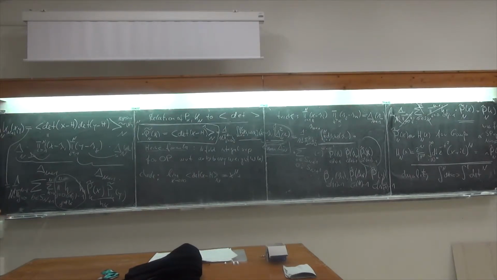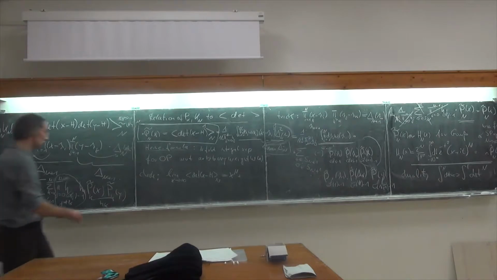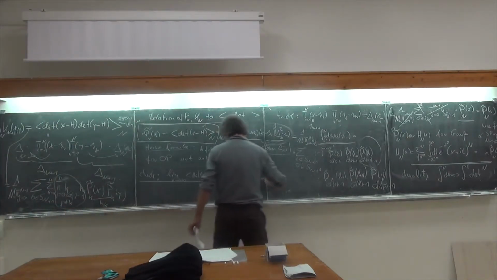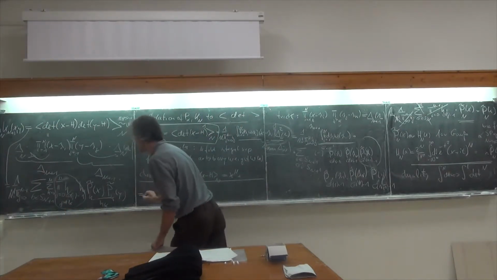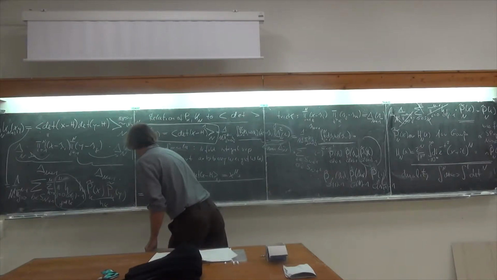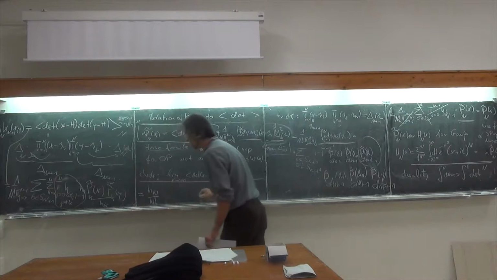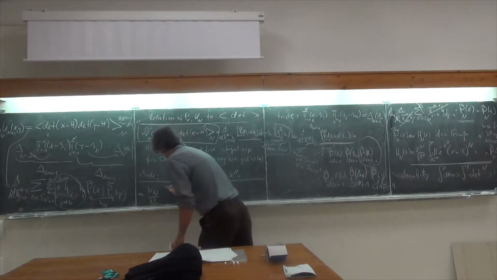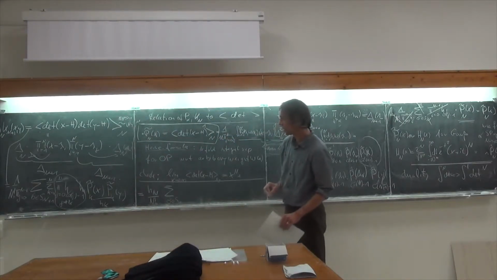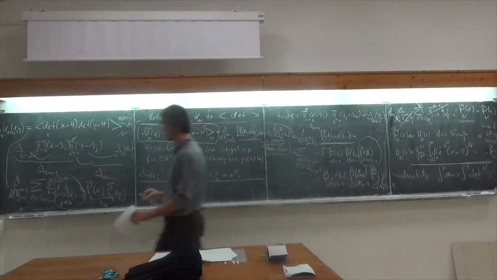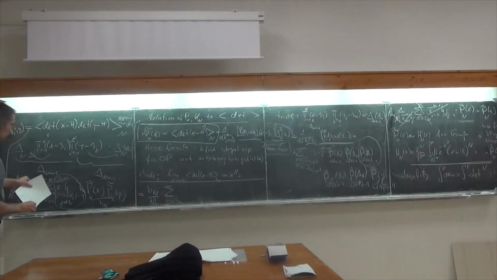Coming from here. And the rest, let me write this down here not to lose the line, so we will get H_n over n factorial. Then we have the sum over permutations. So these are only n indices, because one of them is fixed.